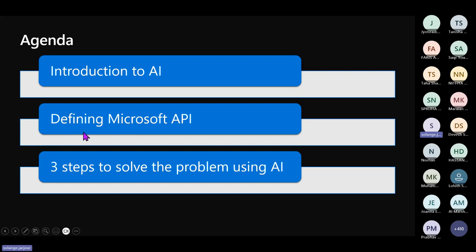Also, we will be defining something called Microsoft API. This is very important for your project because you need to learn about the Microsoft API in order to solve the problem using artificial intelligence. And finally, we will follow a 3-step strategy to solve the problem that you selected using AI.